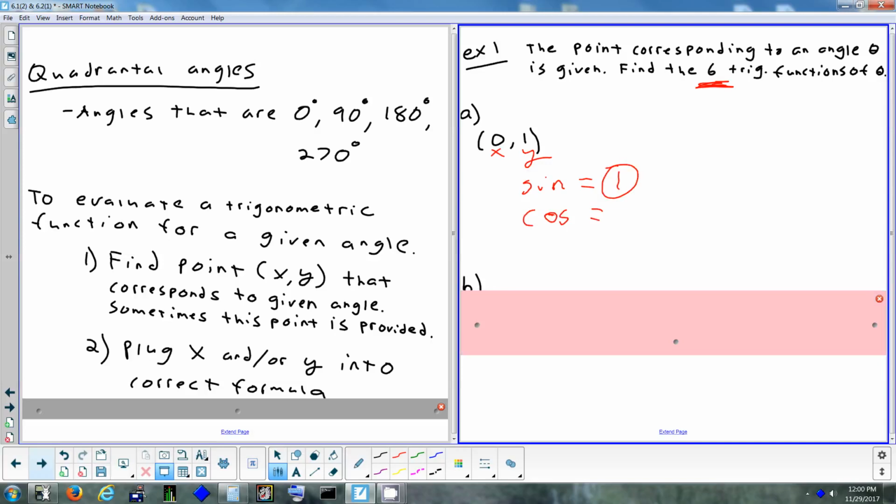What's the definition of cosine? x. What's x in this problem? 0. What's the definition of tangent? It's y over x, which is 1 divided by 0. What do you get when you divide by 0? Undefined.